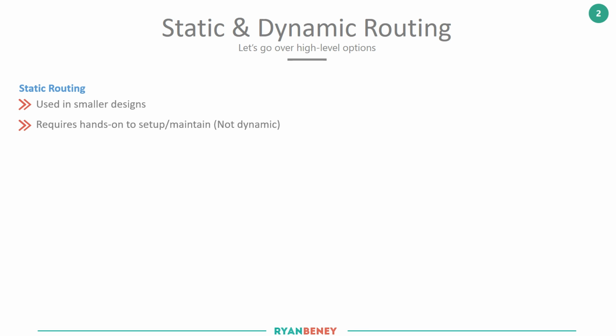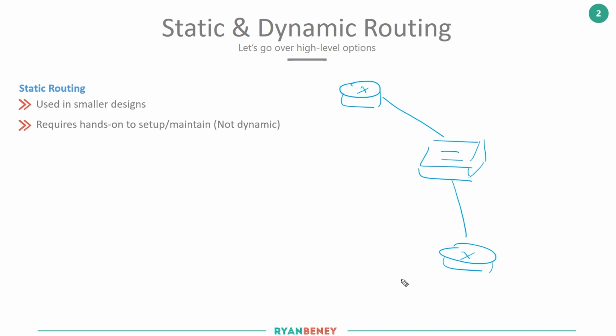The downside to static routing is it does require hands-on to set up and hands-on to maintain, and it's not dynamic. So a good flaw to explain with static routing is, let's say we have a router connected to a switch, and on the back of that switch we also have another router. Now this is something we're going to go into a bit more depth, but I'll give you a high level view now.